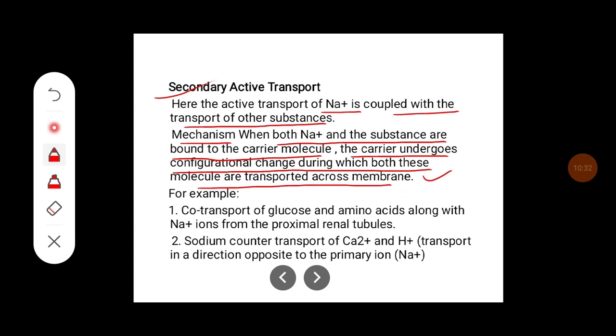For example, the co-transport of glucose and amino acids along with sodium from the proximal renal tubules. Another example is sodium countertransport of calcium and H+ ion, where the transport is in the direction opposite to the primary ion, that is sodium.